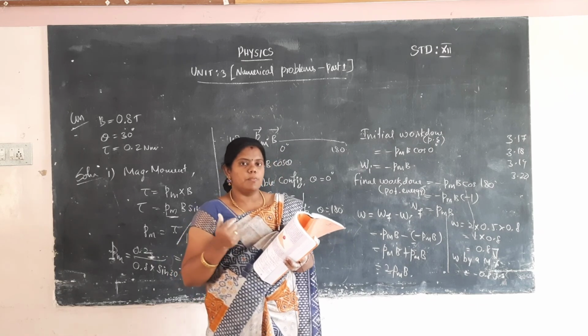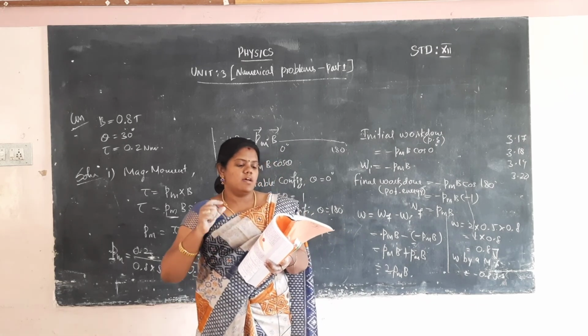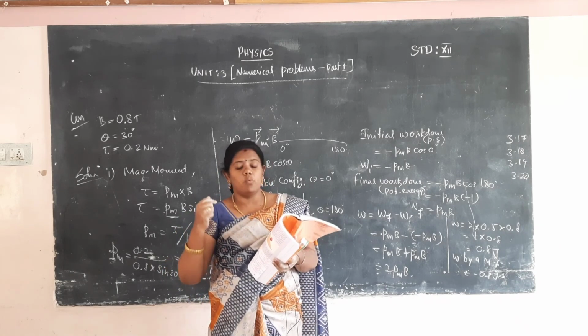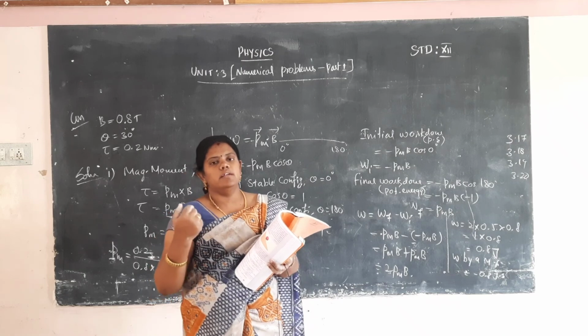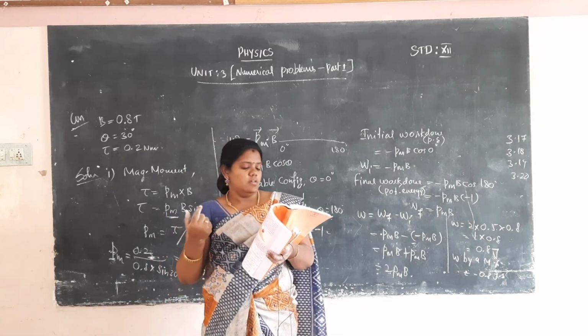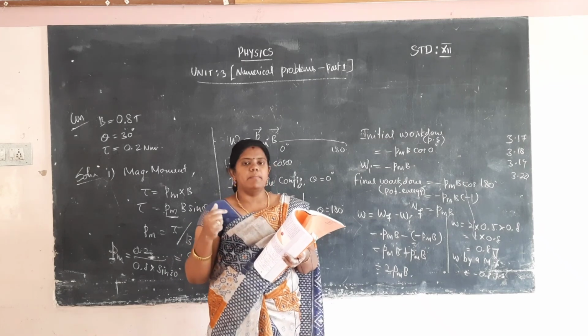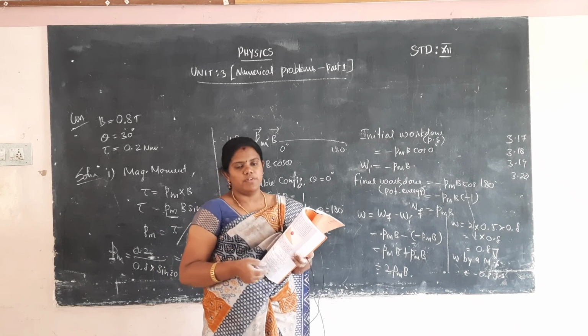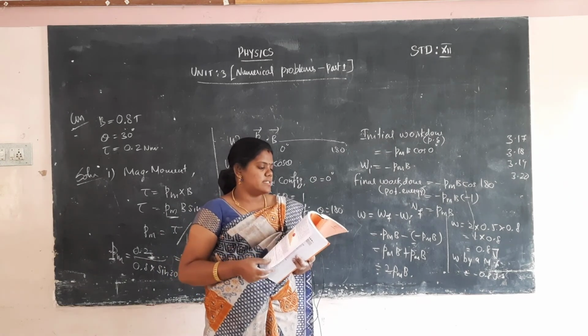And the fourth problem, one bar magnet having a magnetic field, we calculated the magnetic moment, and the work done by the magnetic field from stable to unstable configuration. Okay, all of that was discussed in today's session.